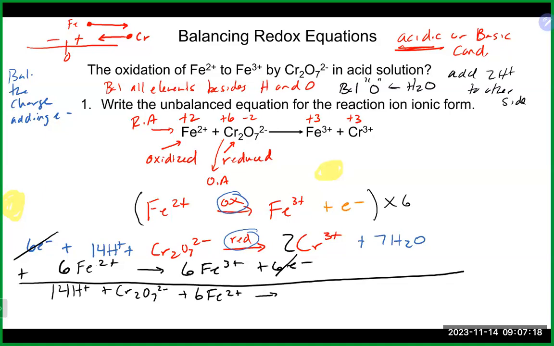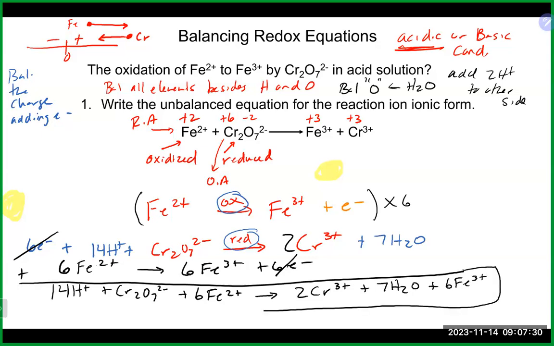Everybody on the right-hand side of the arrow will stay there as well. So 2 of the Cr3+ plus 7 waters, and 6 of the Fe3+ in this case. Now, if I have successfully done this correctly, this should be my balanced equation in acidic conditions.